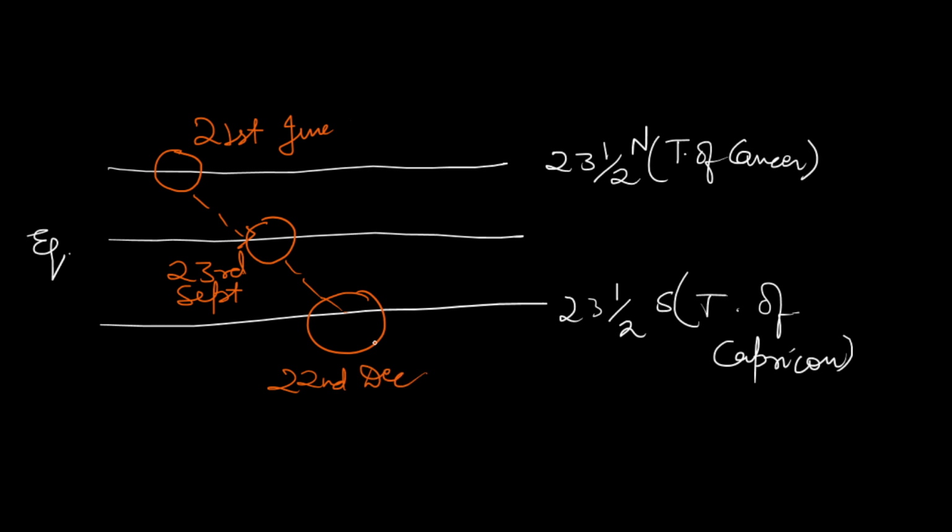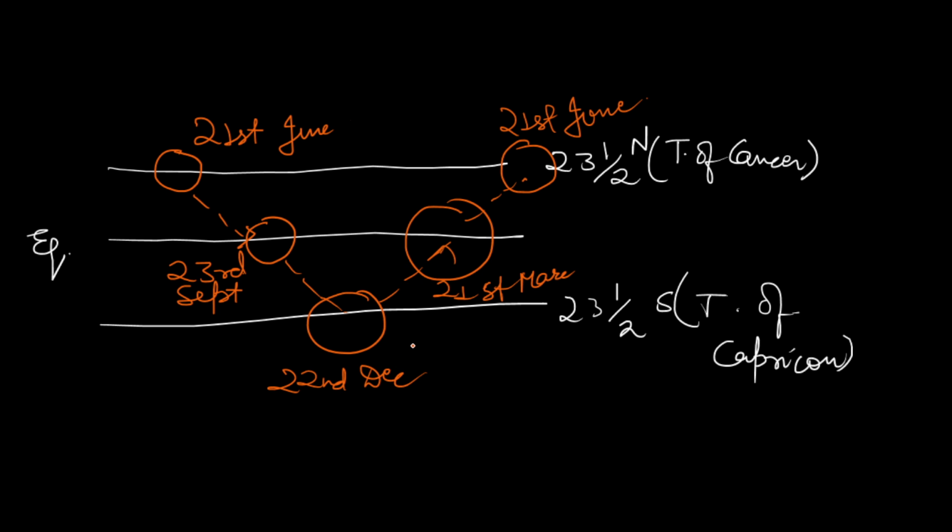It will be directly on Tropic of Capricorn. Then it will start moving upwards, and on 21st March it will again be on equator, which is spring equinox, and then it will again move up, and here it will again reach on 21st June, directly on Tropic of Cancer. So this is the apparent movement of sun. I hope you understand this.